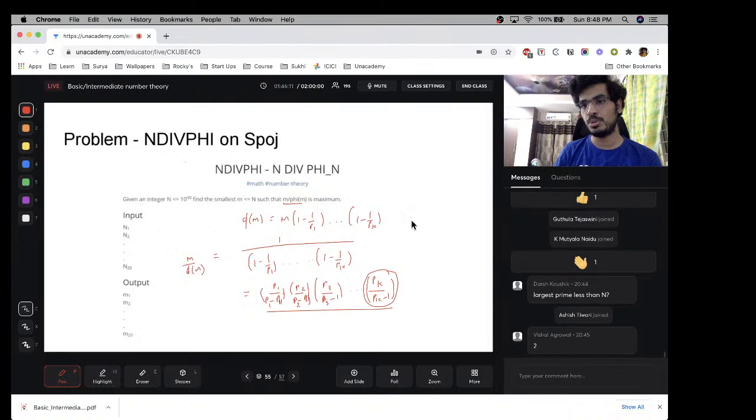If we take two primes, let's say 17 and 31, 17 by 16 will be greater than 31 by 30.